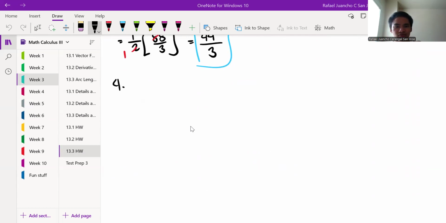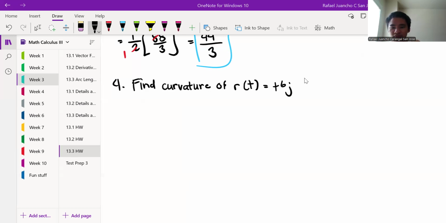So we're being asked to find the curvature of a vector function, r of t, which is in ijk format, t to the 6 j plus t to the 5 k.